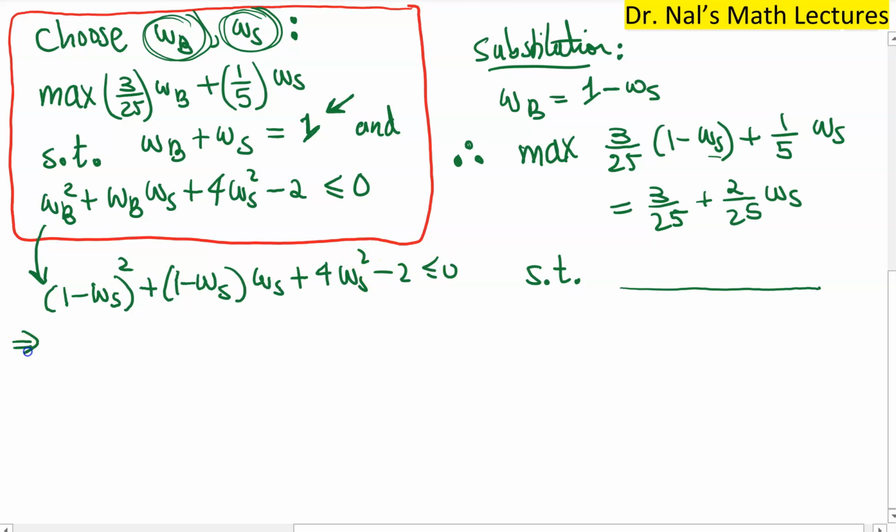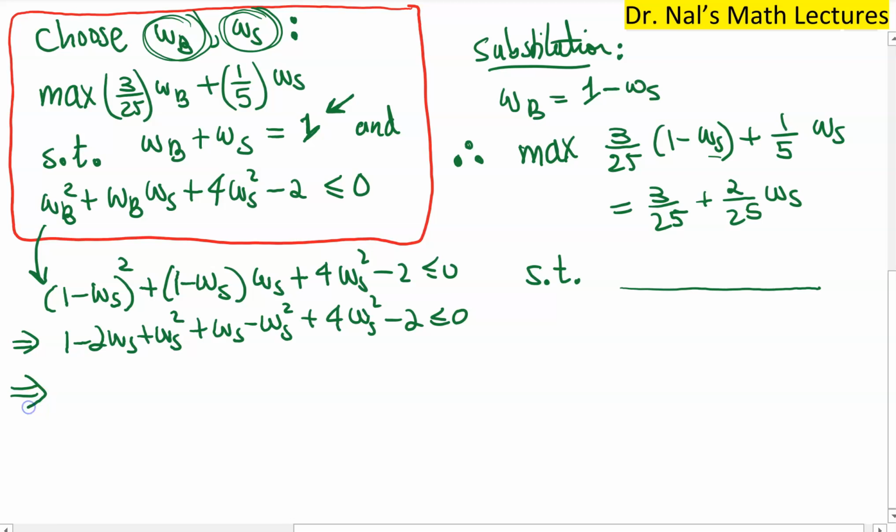But then this implies, expanding things: 1 minus 2WS plus WS square plus WS minus WS square plus 4WS square minus 2 is less than or equal to 0. Let's combine the like terms. The WS squares here cancel.